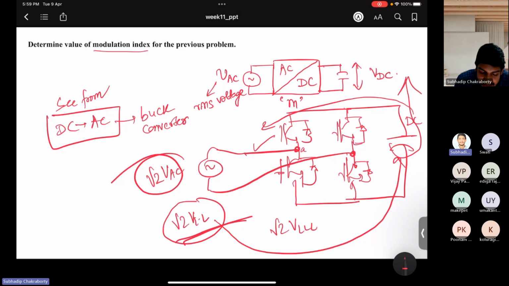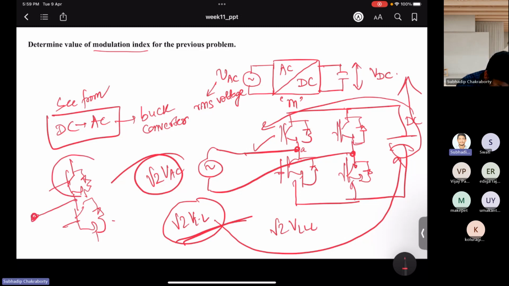So higher DC link voltage means that from the DC to AC side you are having a bucking action by switching. If you look at the switch, it is a buck converter, right? So one switch, one diode.